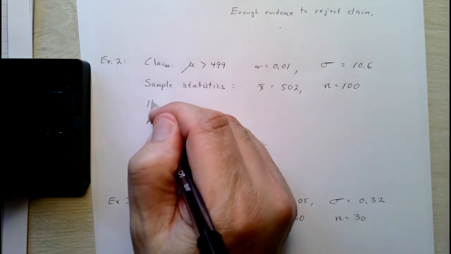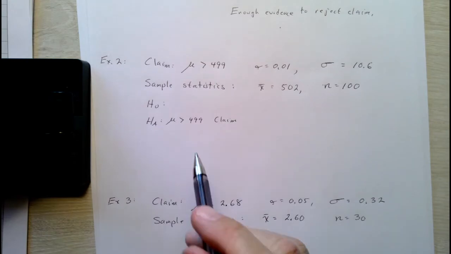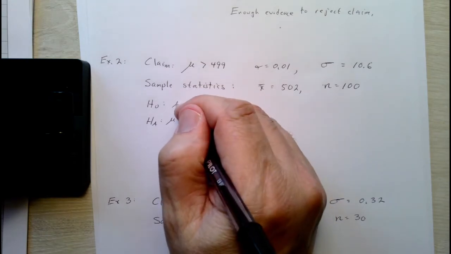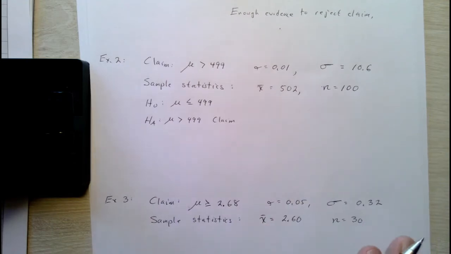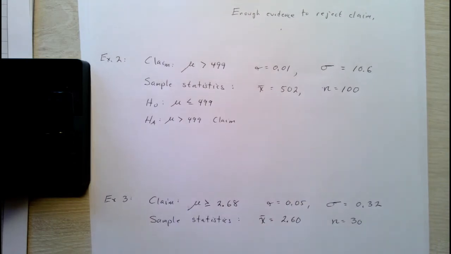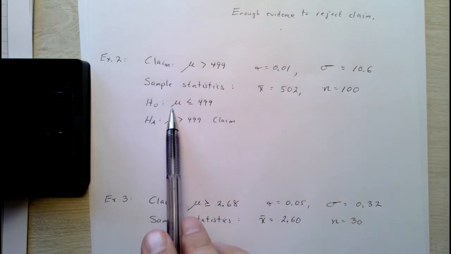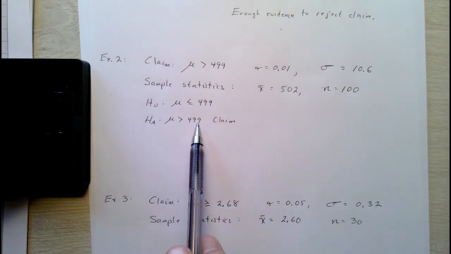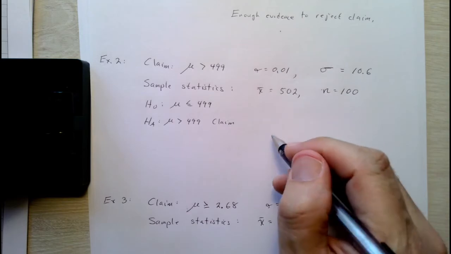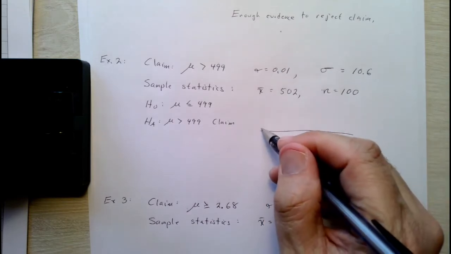And then the H0, the null hypothesis, is the complement of that, which says mu is less than or equal to 499. Then this says that if we assume this to be true, our unlikely values for x bar would be greater than 499. So that means we're talking about a right-tailed test.